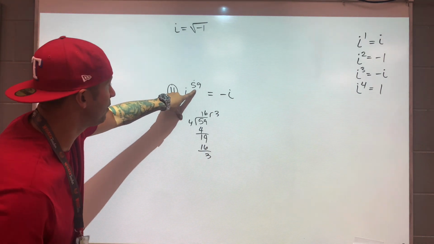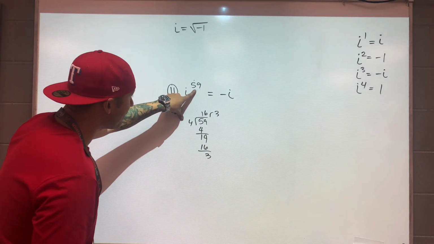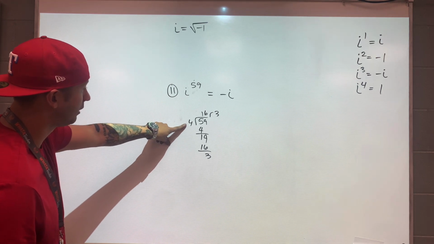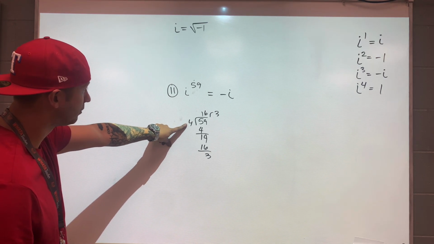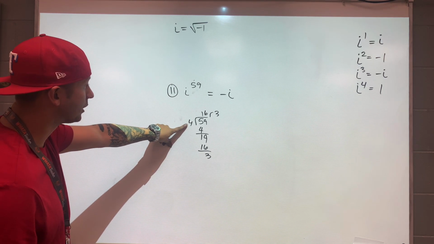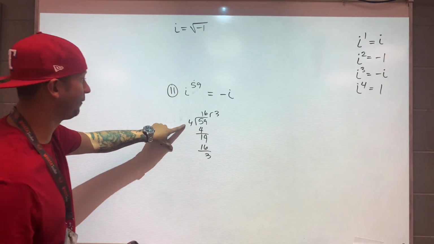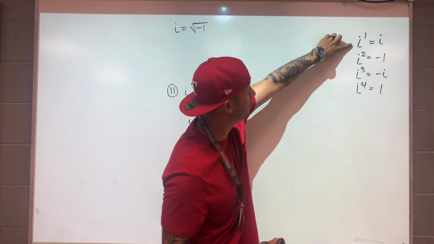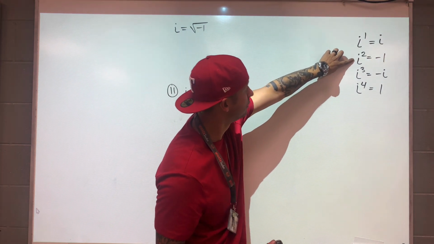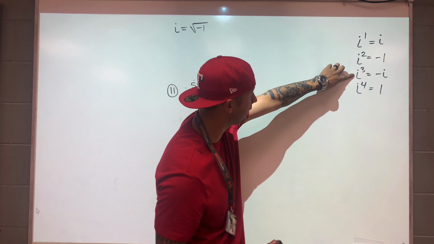Whatever this power is, if you divide that by 4, you're going to get one of these things to come out. Because if it's a remainder 1, it'd be this. If it's remainder 2, it'll be this one. Remainder 3 is going to be this one.